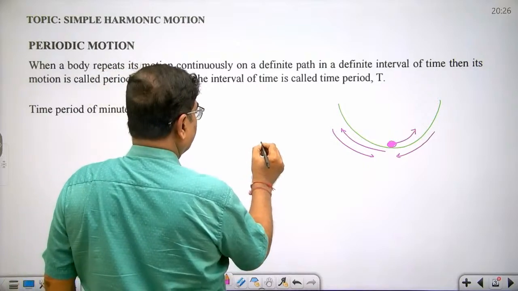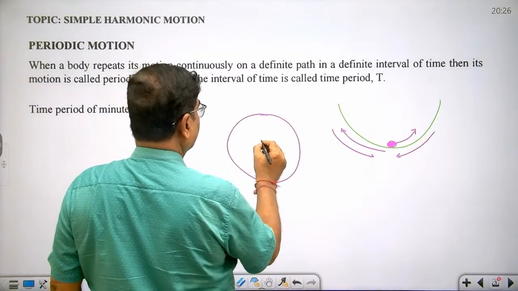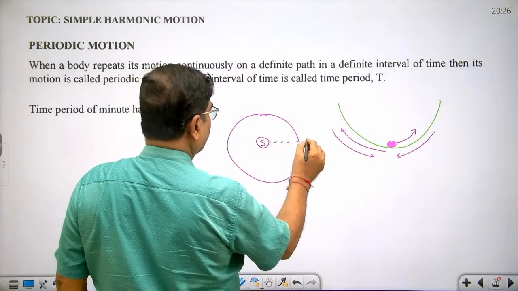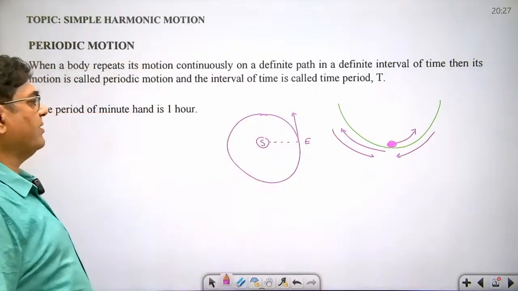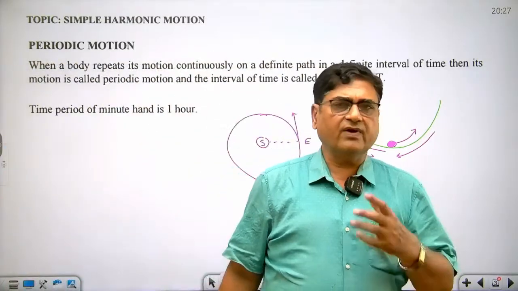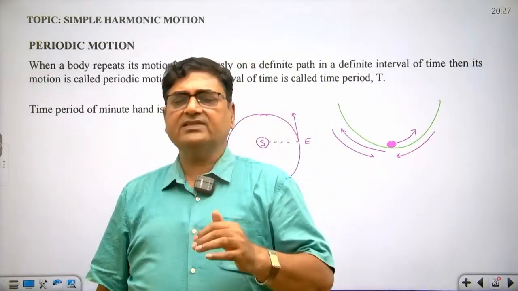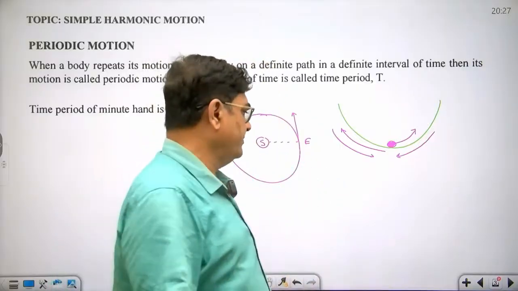See here, this is the sun and this is the earth. This is an example of periodic motion, okay? Now you can understand what is periodic motion. Any motion that repeats itself in a definite time interval is called periodic motion, okay?